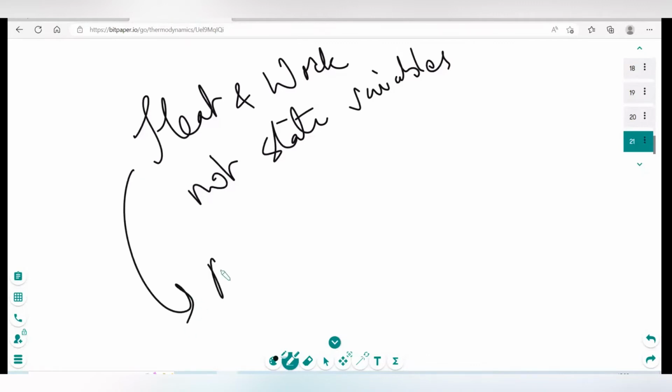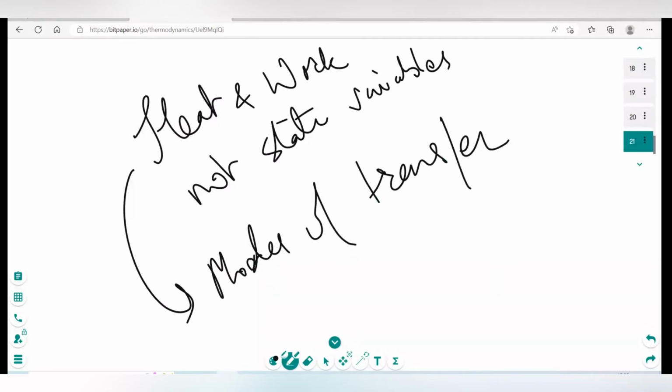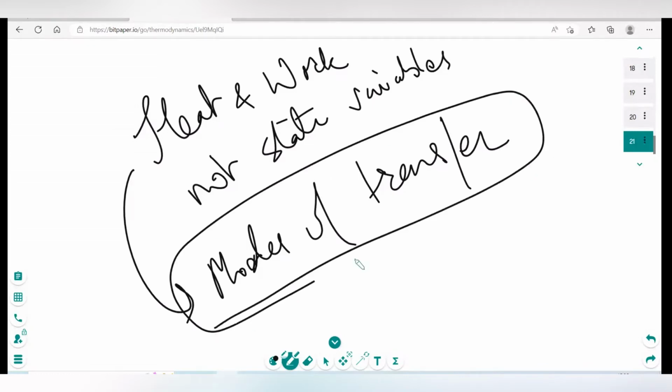These are basically modes of transfer. What are we transferring? Transferring to a system, resulting in a change in its internal energy. The internal energy of the balloon changes. That is why it is said that these are the modes of transfer.